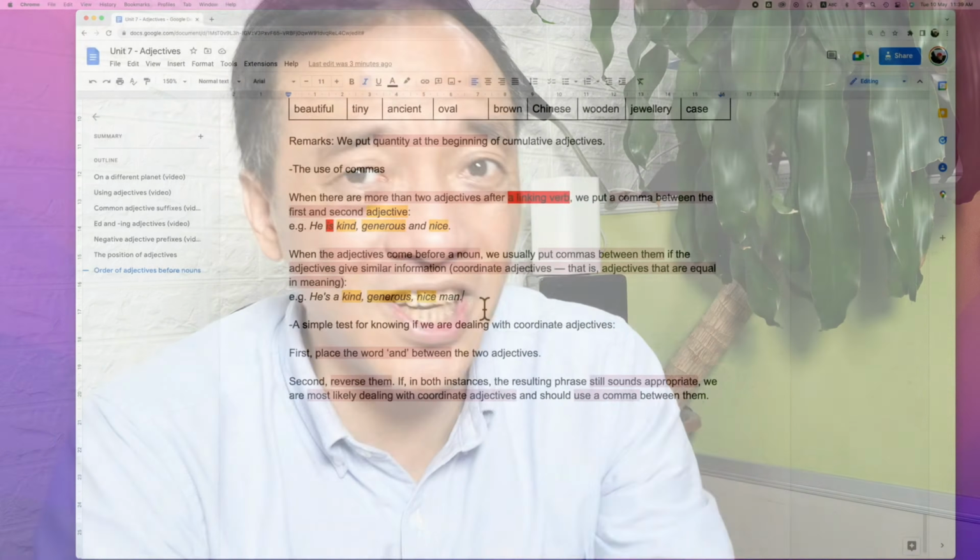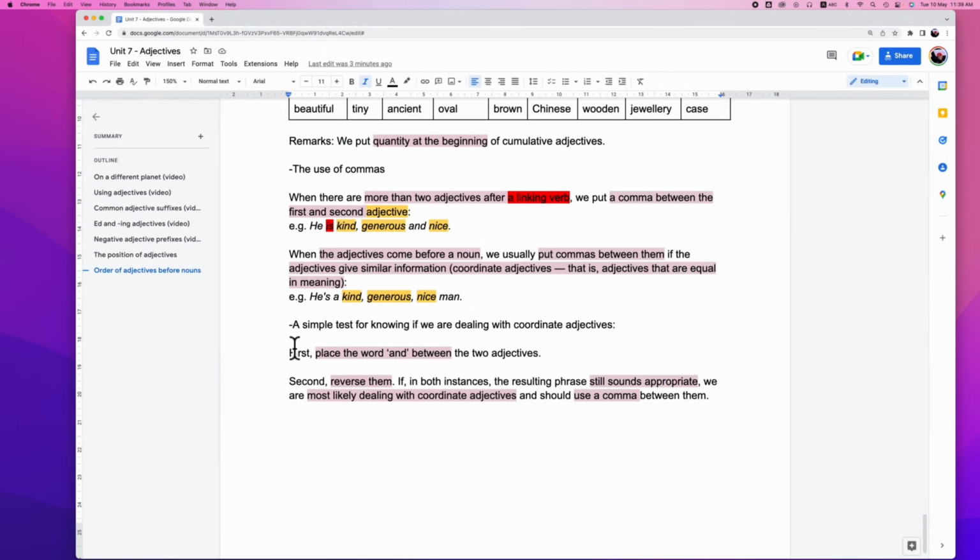What is it? Let's take a look. First, place the word and between two adjectives. And second, reverse the two adjectives. If in both situations the resulting phrase still sounds appropriate, then we are most likely dealing with coordinate adjectives.